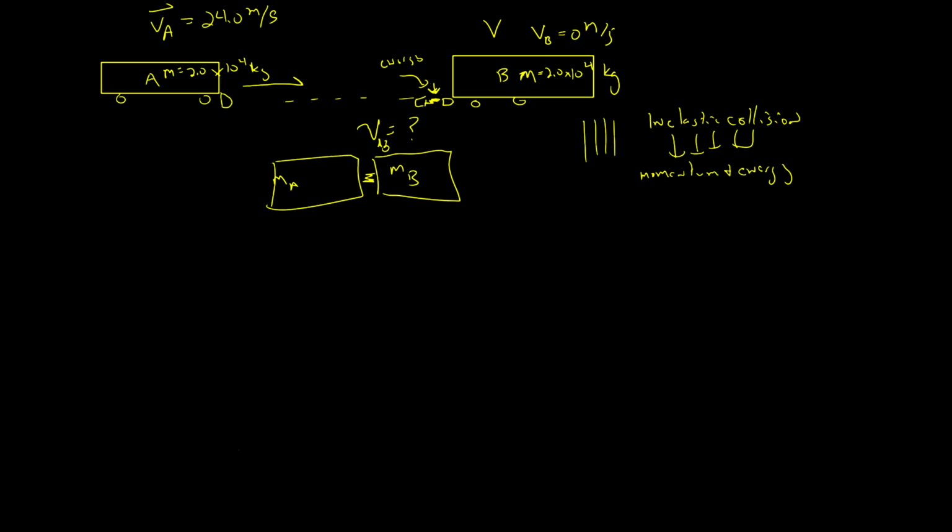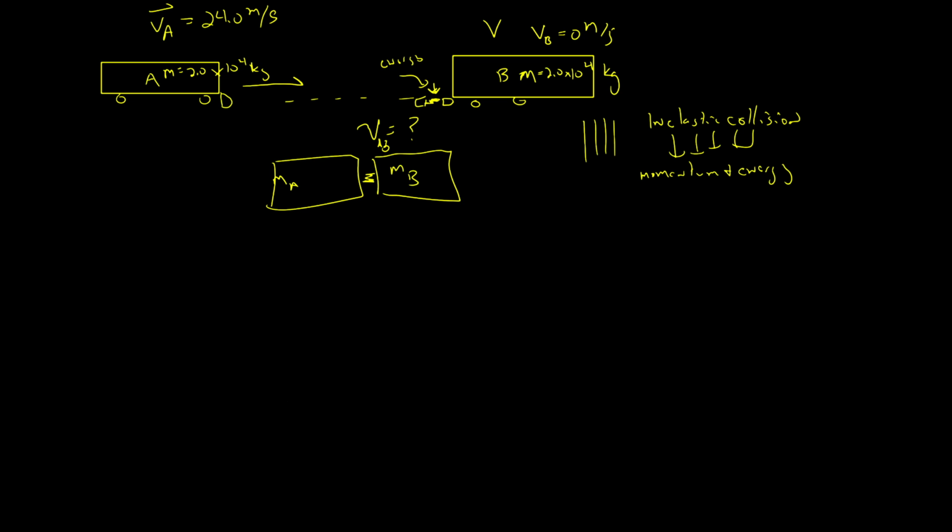VAB is equal to the mass of A, 2 times 10 to the 4th kilograms, times 24 meters per second, divided by, well, there are two of these, so 4.0 times 10 to the 4th kilograms.